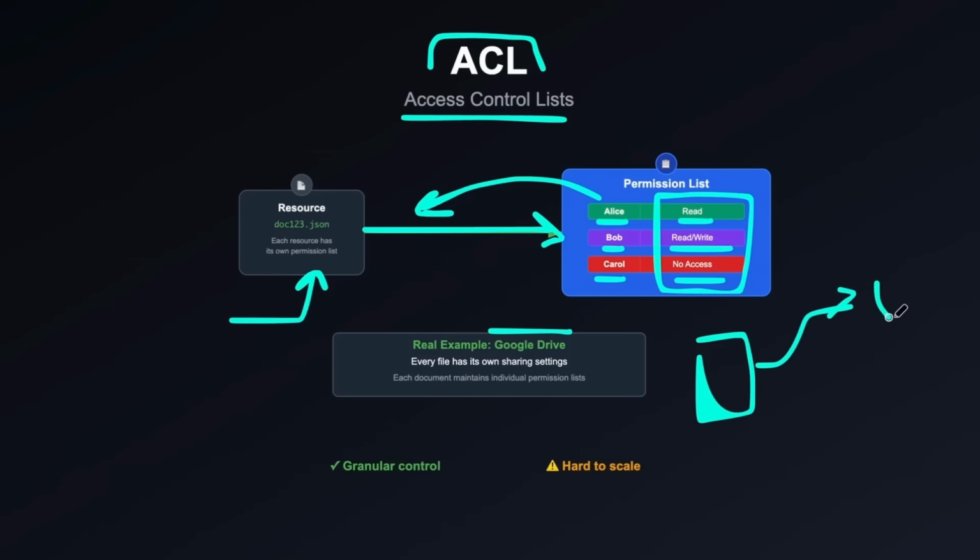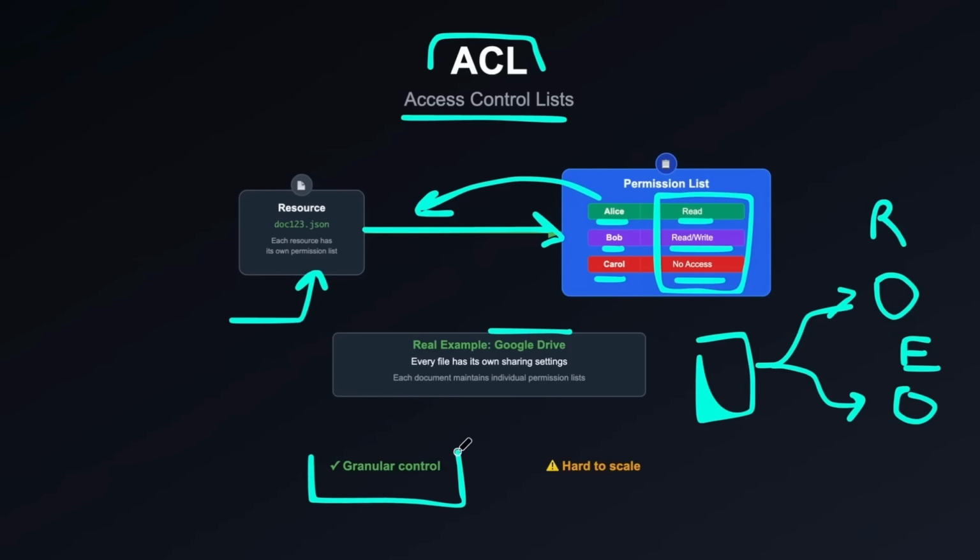So you share someone with read access only, and then you share this doc with someone else, but now they can also edit and add comments to this document. So this is an example of ACL, access control list, which is used in Google Drive and Google Documents. This gives you more control over resources and documents, but it's also harder to scale with millions of users. But it's possible, as you can see, because Google Drive is using this for their documents, Excel sheets, and so on.